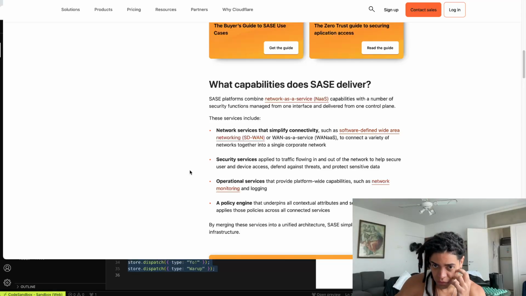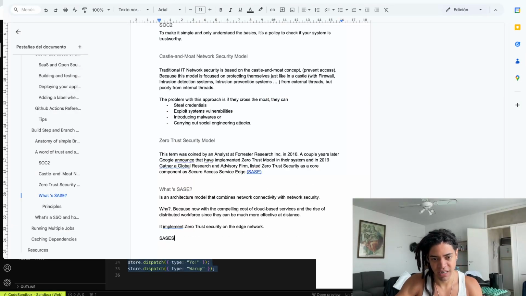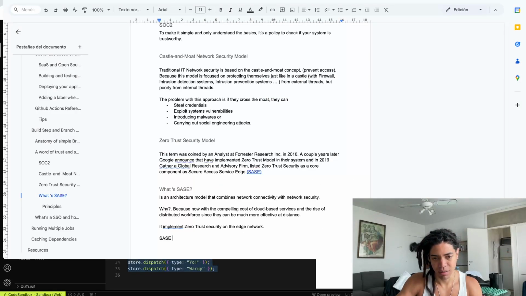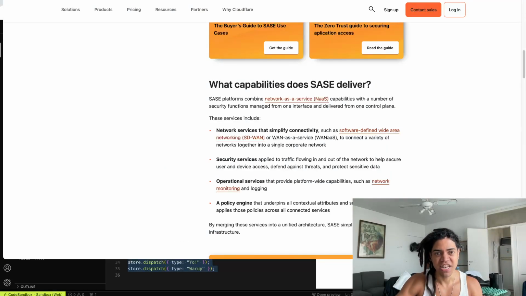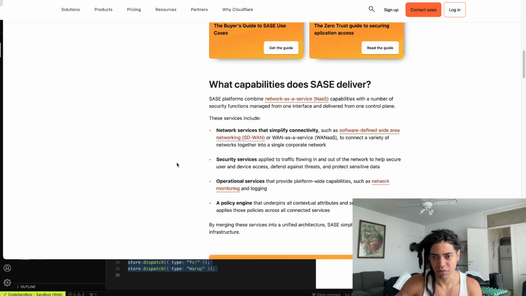So SASE platforms combine network as a service capability with a number of security functions.